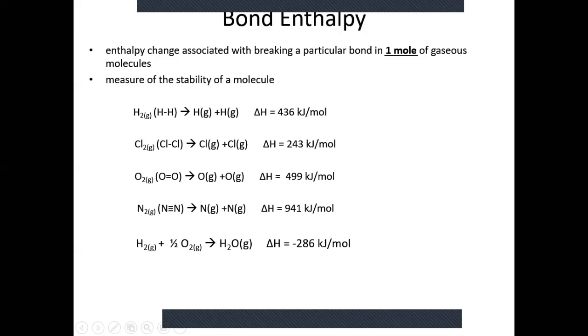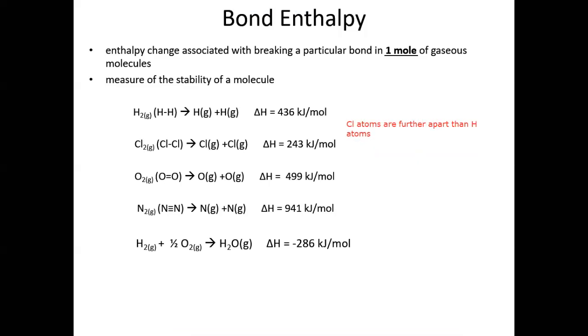Now, the reason that the chlorine bond is easier to break than the H-H single bond is because the chlorine atoms are further apart, so it's easier to break. And that's why the chlorine bond is easier to break than a hydrogen bond.